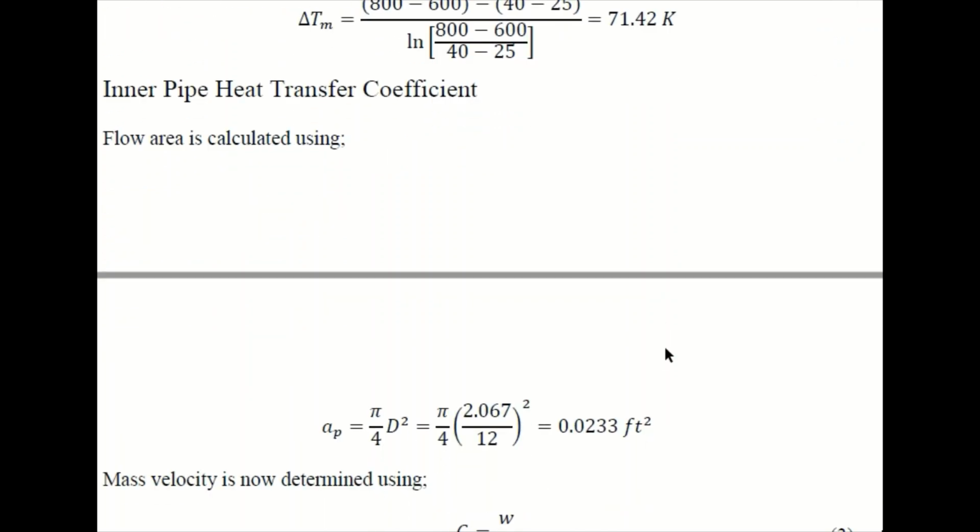After that, we need to determine the inner pipe heat transfer coefficient. For that, we have taken the inner pipe diameter as 2.067 inches. We have converted it into feet by dividing by 12. So we have determined the flow area as 0.0233 feet square.